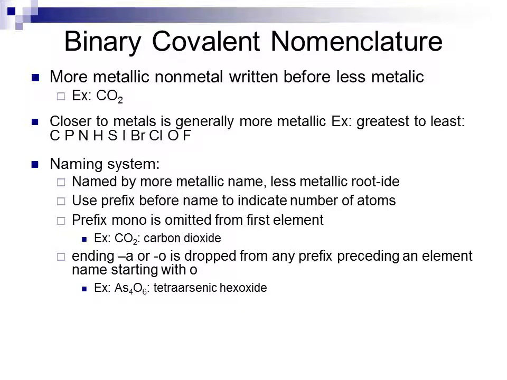As4 is a compound with 4 arsenic atoms. The prefix for 4 is tetra. O6 has 6 oxygens. The prefix for 6 is hexa. Because the hexa precedes oxygen with an O, the last A is dropped. So instead of hexaoxide, it's hexoxide.